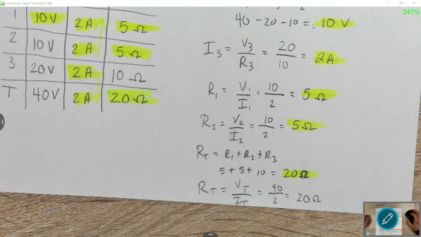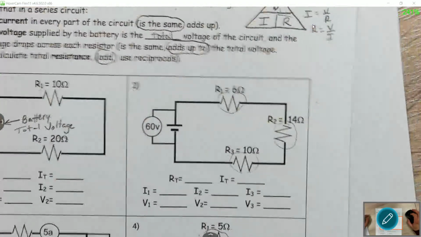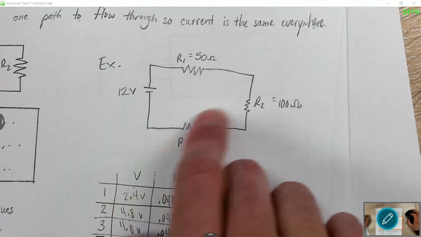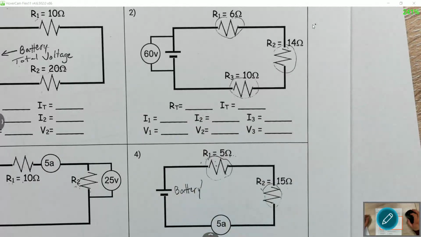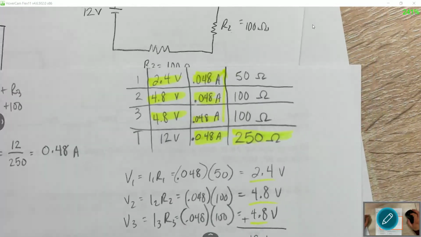So again, the reason why we didn't do number 2 is because number 2 was done exactly like our example problem that we did, okay?